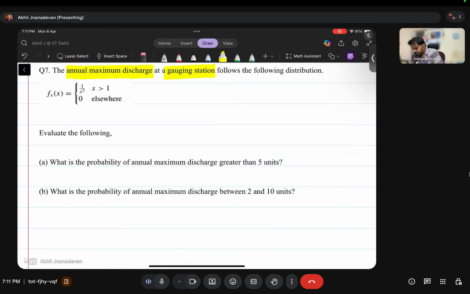So here we represent f, capital X our random variable and small x the values the random variable can take. So that we call the probability density function. Okay, so it is called probability density function or PDF.